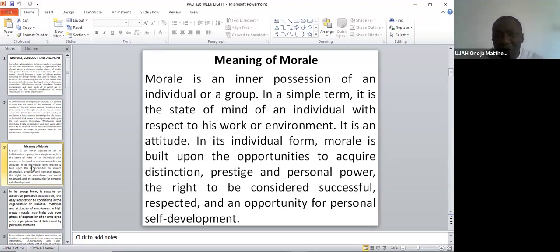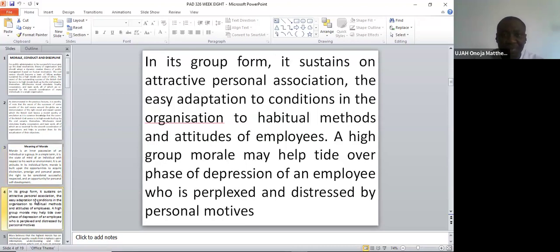So morale goes hand in hand with greater opportunities, greater responsibilities for the civil servant or the employee within an organization. In its group form, it sustains an attractive personal association, the easy adaptation to conditions in the organization, to habitual methods and attitudes of employees. A high group morale may help tide over a phase of depression of an employee who is perplexed and distressed by personal motives.